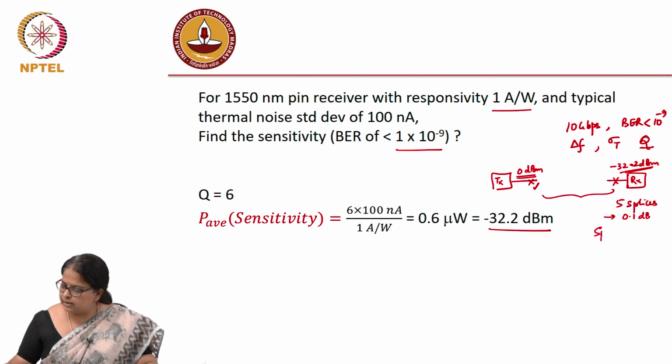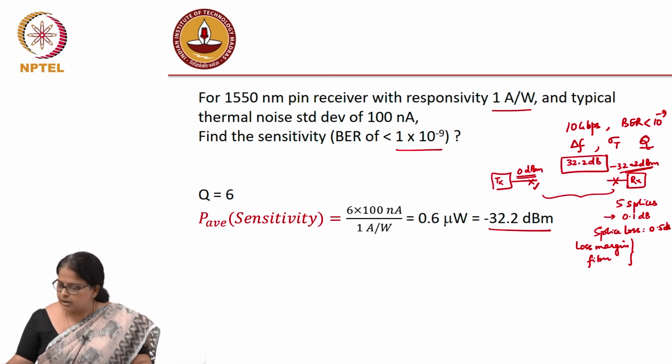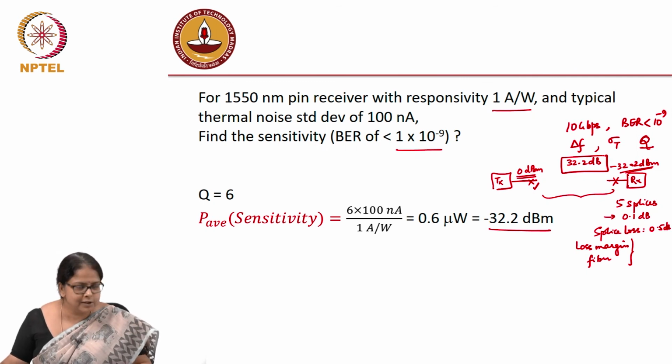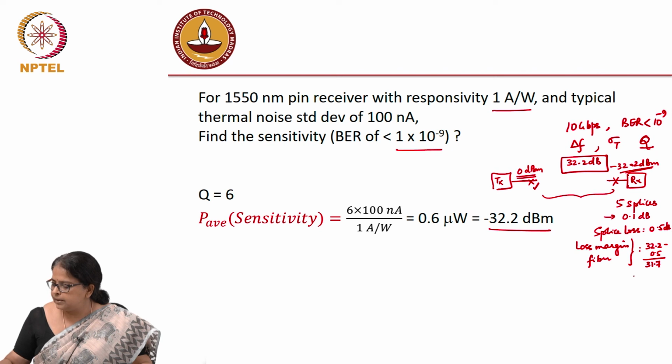So, the splice loss is 0.5 dB. So, your loss margin for the fiber: the total loss margin that was allowed was 32.2 dB, out of which you are allocating 0.5 dB for the splice losses. So, the loss margin for the fiber is 32.2 minus 0.5, which is 31.7 dB, right.